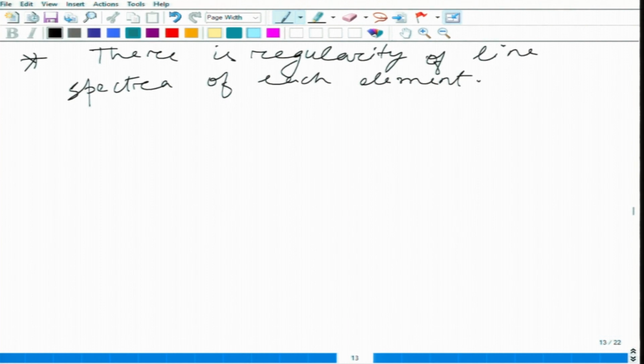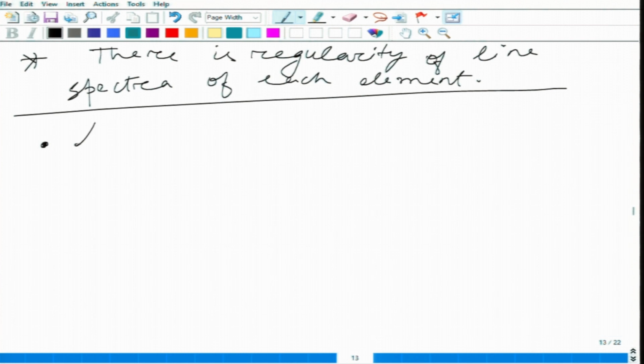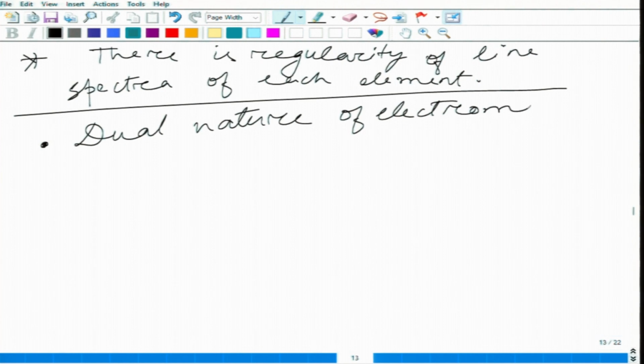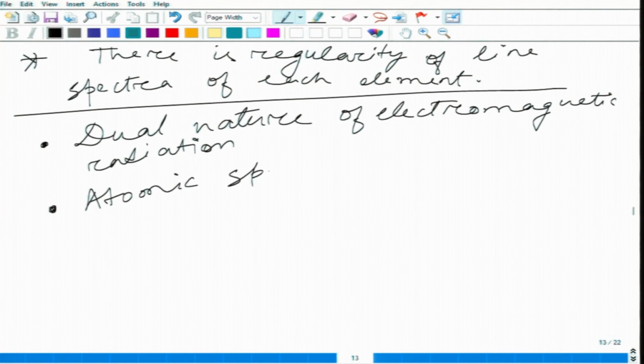Now by these observations, the first one was the dual nature of electromagnetic radiations, from which we have read both the wave nature and particle nature, and the atomic spectra. Both led to Bohr's model of atom.